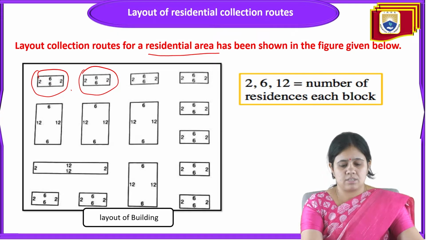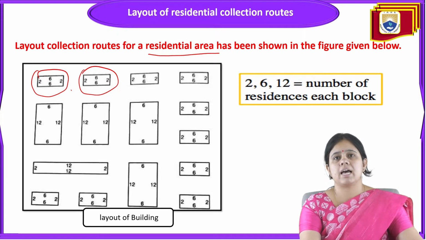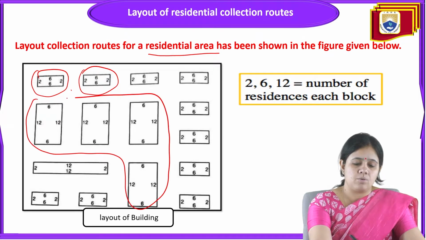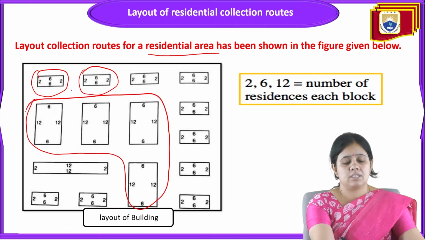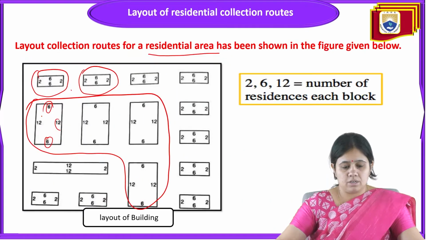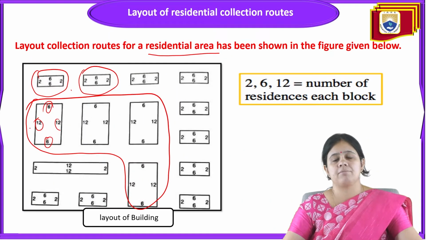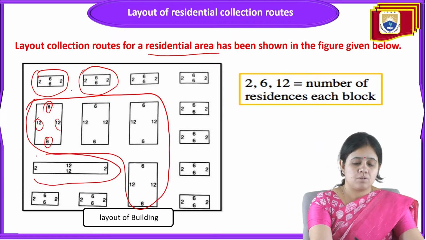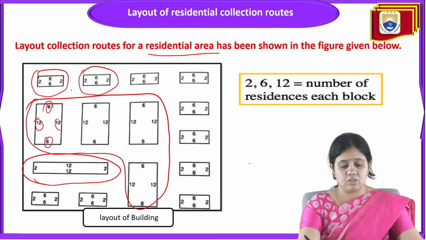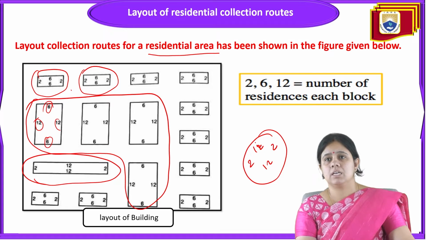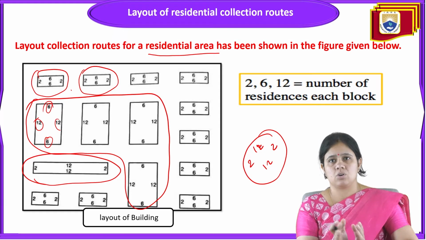There are 10 houses, and 4 houses have the same type of layout, with 6 residents, 6 and 12 residents. One has a different type of layout, like 2, 12, 12 and 2. So mainly the blocks in each residence are 2, 6 or 12.